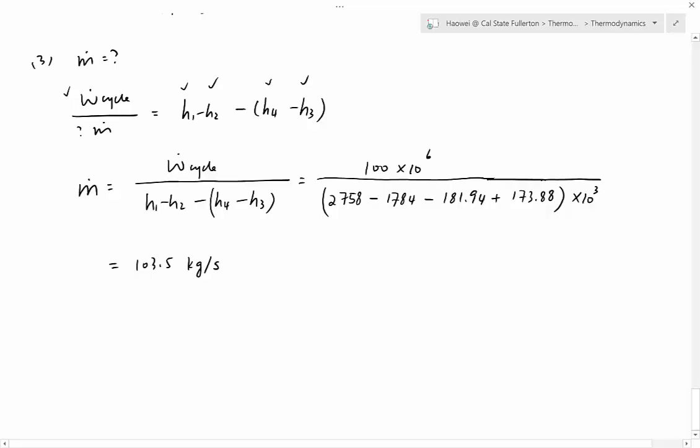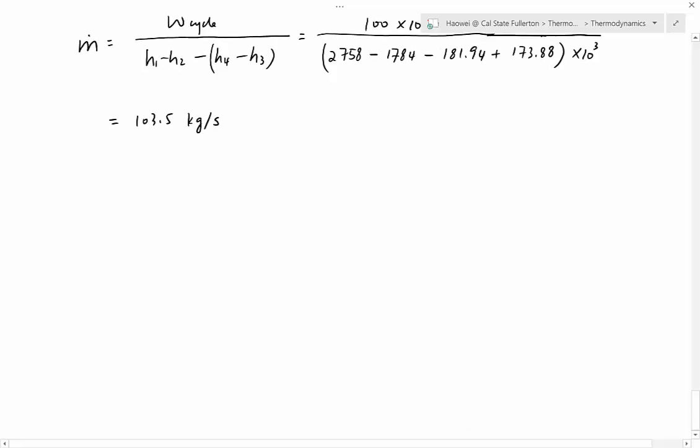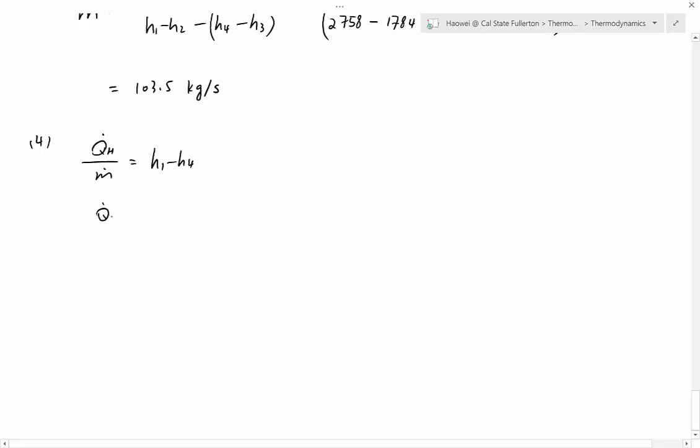This is how you find the mass flow rate of the water. And then part 4. Part 4 is also very easy, looking for heat gain in the boiler. We do have that equation, Q dot H over M dot. We derived the equation is H1 minus H4. And from here, we can find Q dot H. It's M dot times (H1 minus H4). We plug in the numbers. Mass flow rate is 103.5 kilogram per second, SI unit.